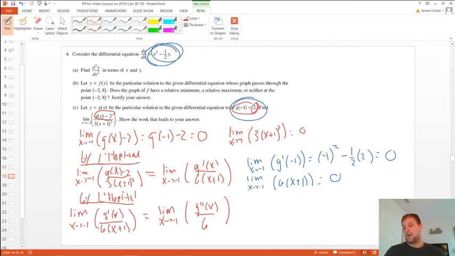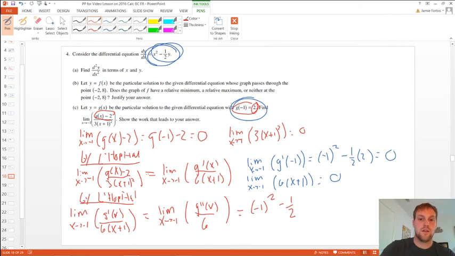Now, I'm going to tell you this works out, so if I go ahead and plug -1 into that, g double prime of -1, I got that formula from part A. Where did I write that down? Wait a minute, I wrote that down wrong, sorry.